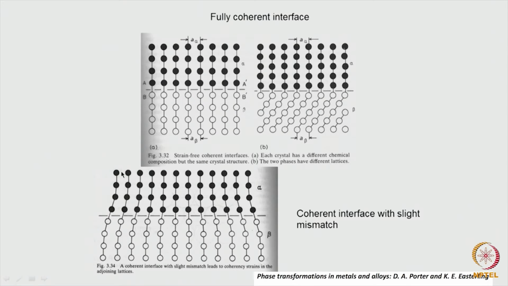By distorting the planes on either side, okay? How much distortion there is going to be is determined by the modulus of the material on either side, which will decide to what extent the distortion is going to be accommodated, whether within the precipitate or within the matrix, correct?